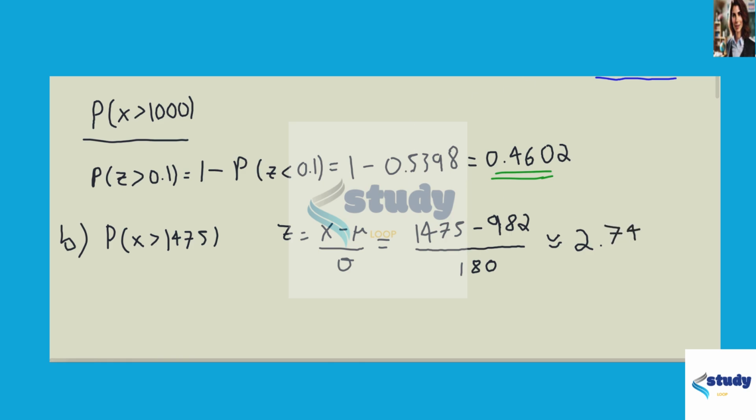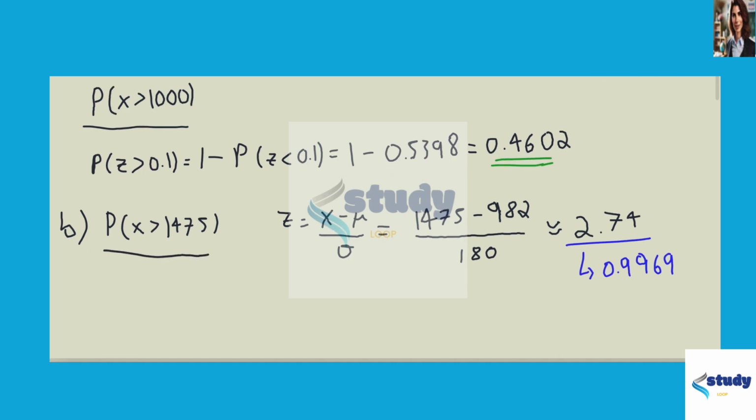Now we're going to find the corresponding probability to the z value, which is 0.9969, and we're gonna rewrite this expression in terms of the z-score, and it's exactly what we did up here.